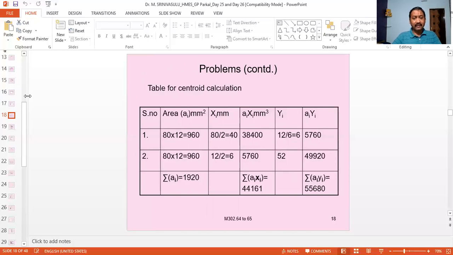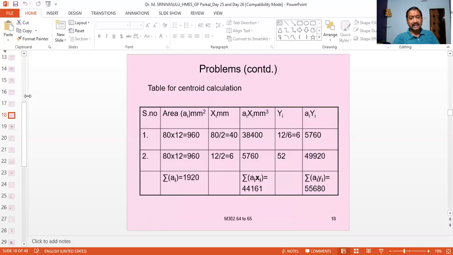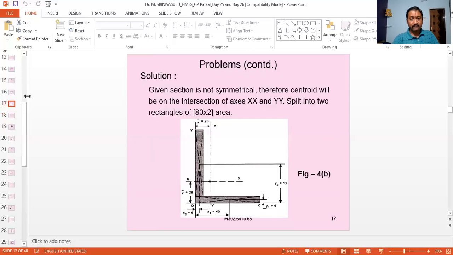For x2, the centroid of this rectangle 2 will act at a distance of 12 by 2, that is 6 millimeters, and the term a2 into x2 is equal to 5760.